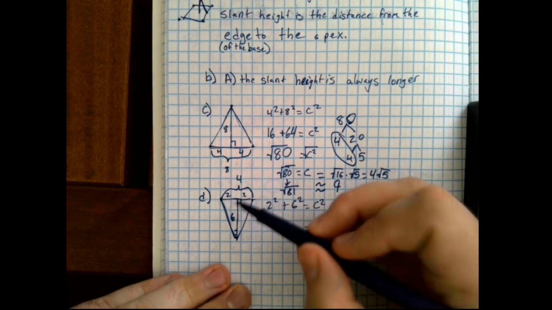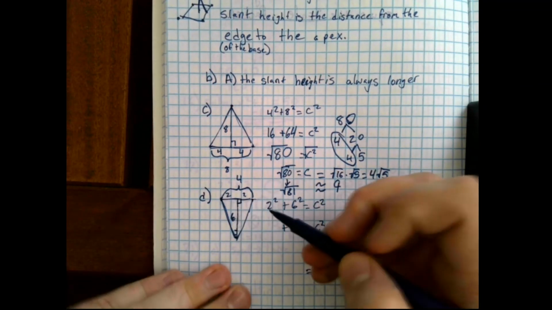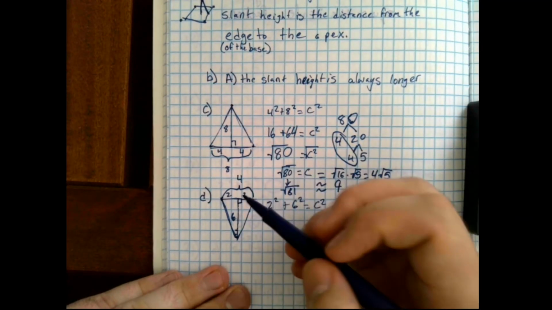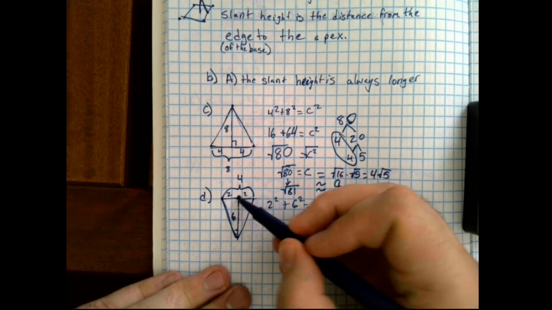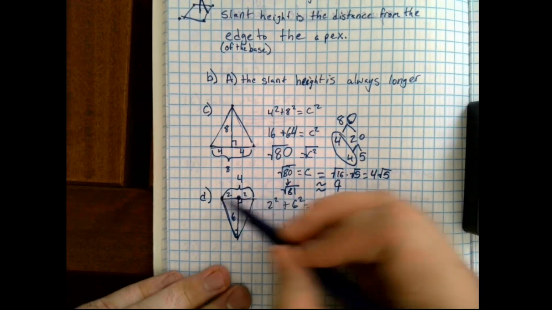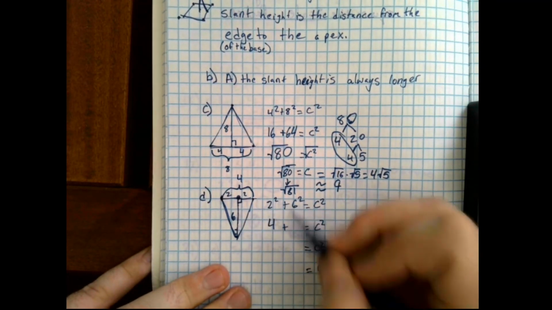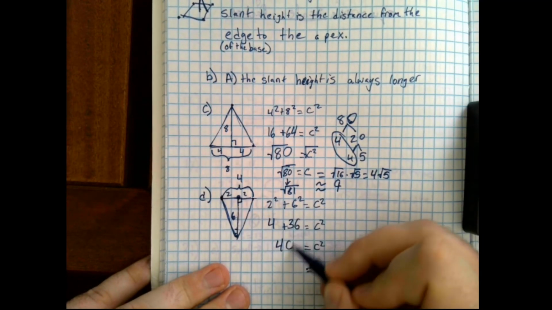Now, this came from a cone, but this is the cross section of the cone. You can imagine if we cut an ice cream cone in half, it would look like this. Now, we're told that the diameter is 4, which means from the center to the outside, the radius is 2. So 2 squared is 4. 6 is our height, so 6 squared is 36. This will give us 40.